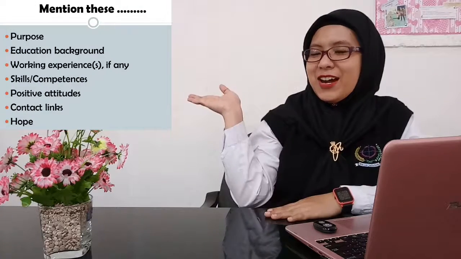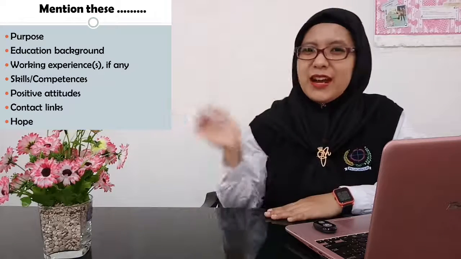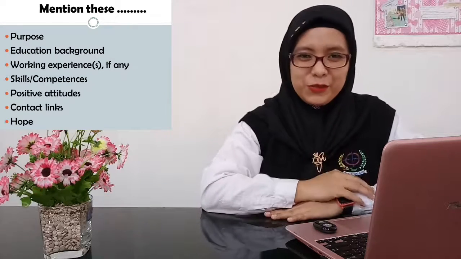Okay, now let's discuss in more detail about your personal information that I think very important for you to mention in your application letter. Here are the information. Okay, and I think these are quite complete about you.